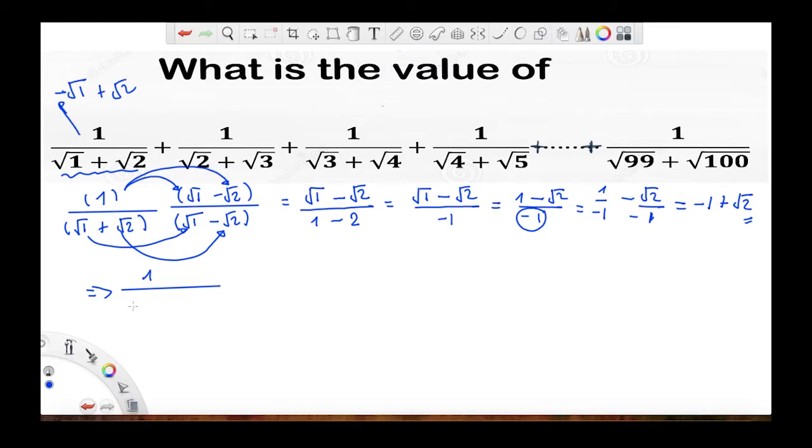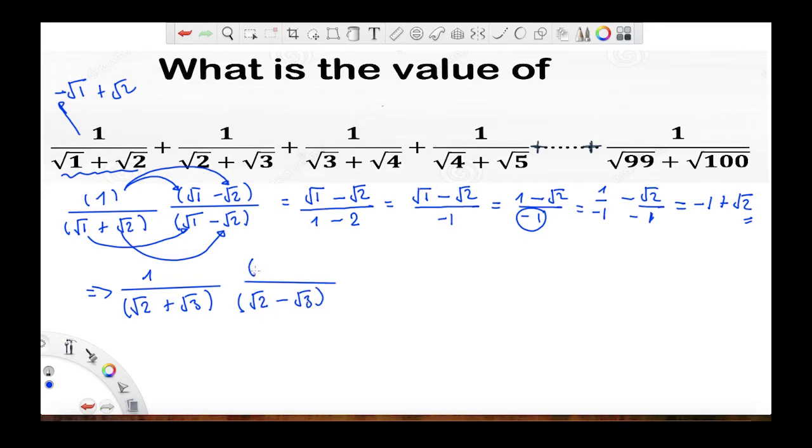So if we rewrite this, we are going to have 1 over root 2 plus root 3, and we need to multiply by the conjugate. So the conjugate here will be root 2 minus root 3.